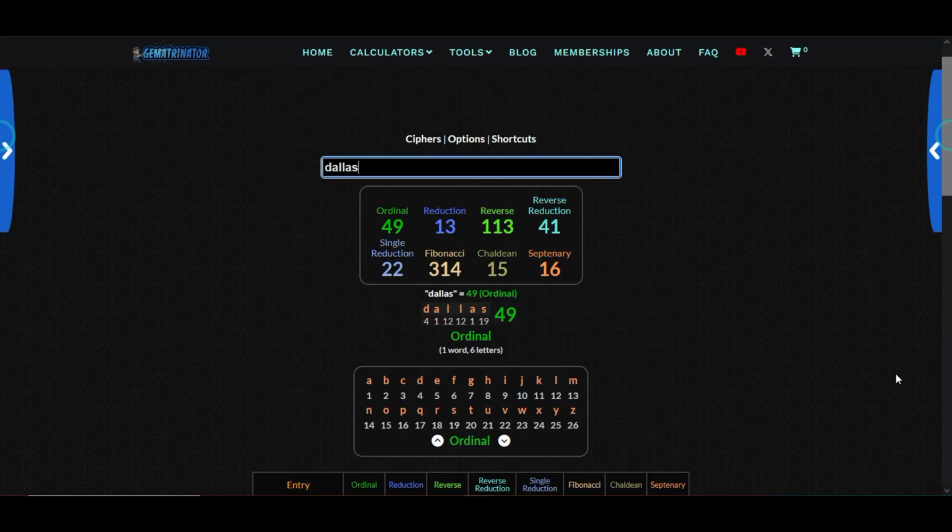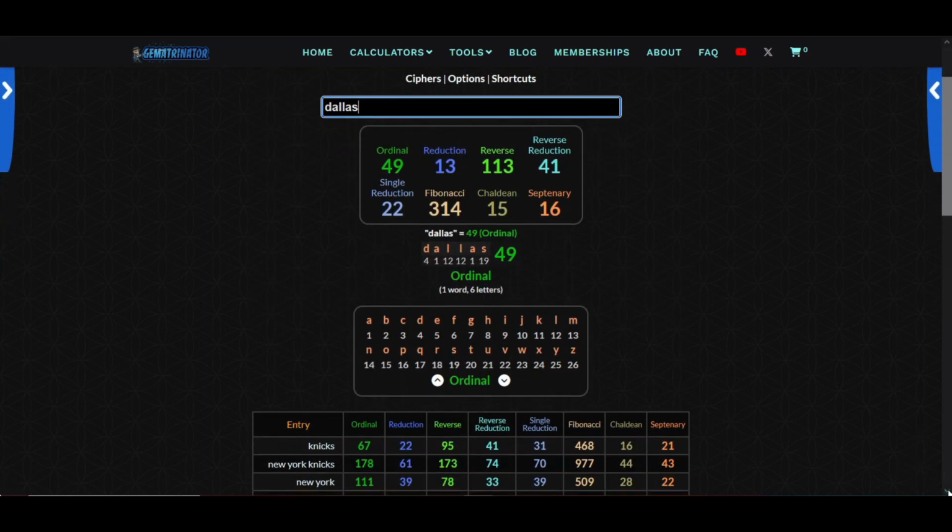You would separate the 1 and the 9 and add them together, you get 10. And that is how you basically apply this. Actually, S is the 20. Yeah, S is the 19th letter right here. Yep, separate the digits, add them together. And you just go through that. D equals 4, A equals 1. And that's how you get that number. If you don't apply a reduction, you add the full 19 with the S and all the other digits, you would get 49. A is 1, Z is 26.